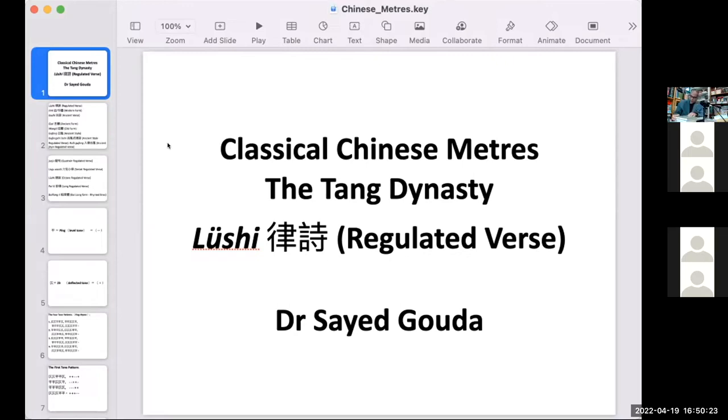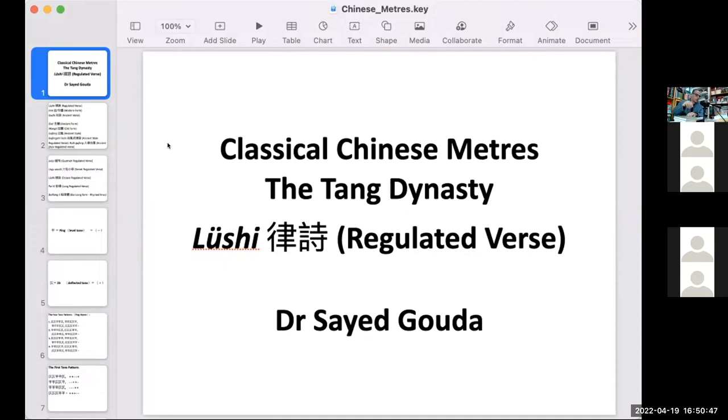But after studying the classical Chinese meters in detail, I discovered that it's so rich that I don't think there is any other classical language that has such rich meter as I found in the classical Chinese meter.